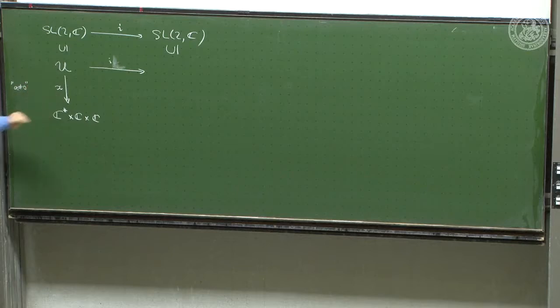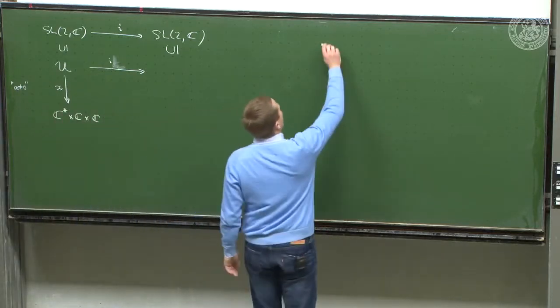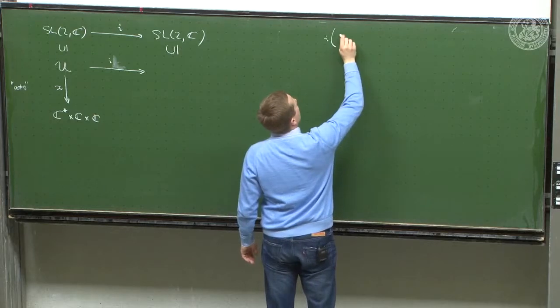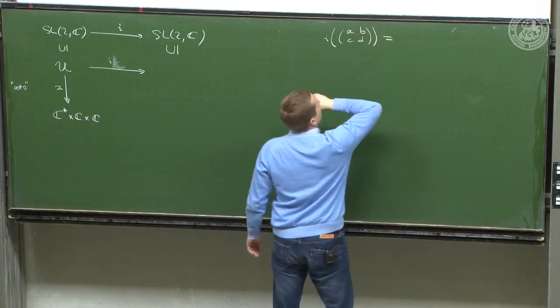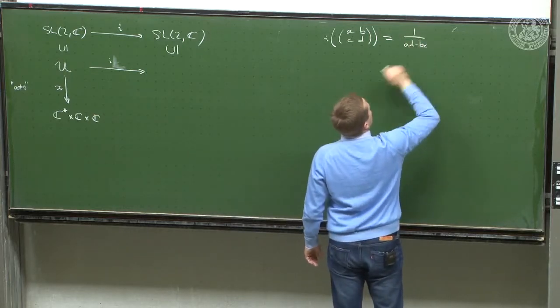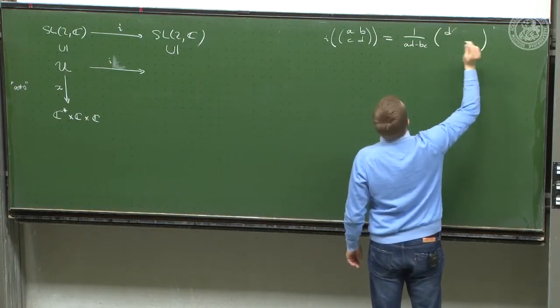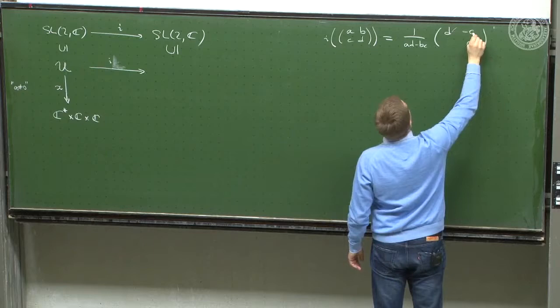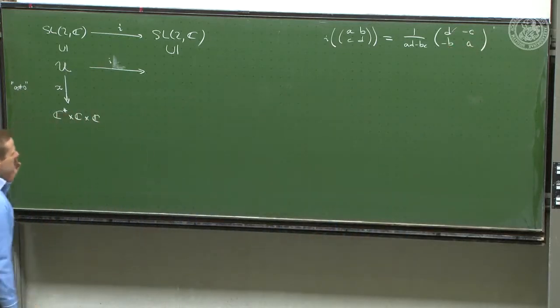Okay, that was this chart map. And so if we look at how this map I acts, unfortunately I wiped it out, but was it not the case that this is A, B, C, D, and it maps this to 1 over AD minus BC of D, A, with the off-diagonal entries exchanged, minus C, minus B. I think that's the inverse.